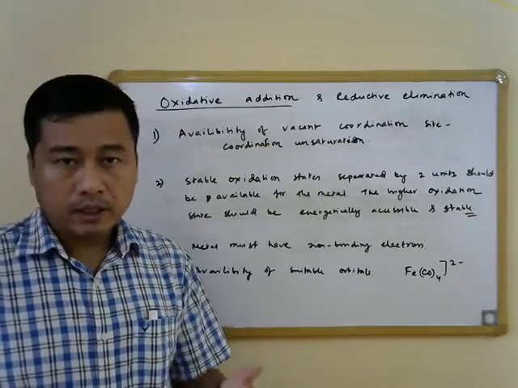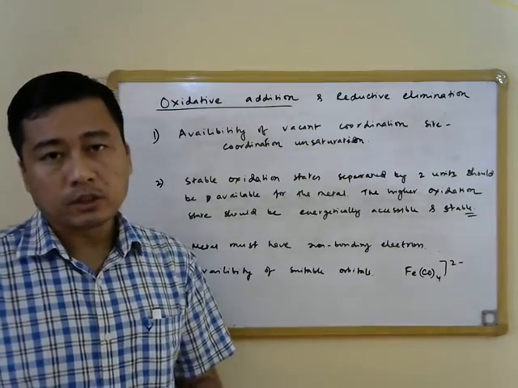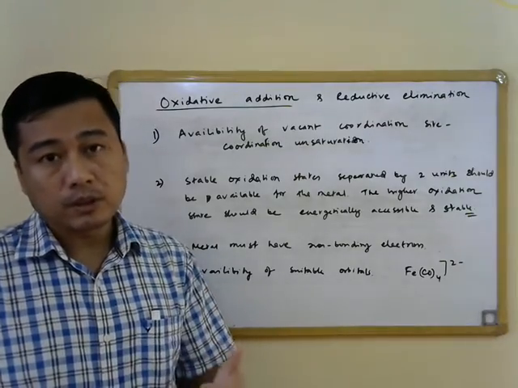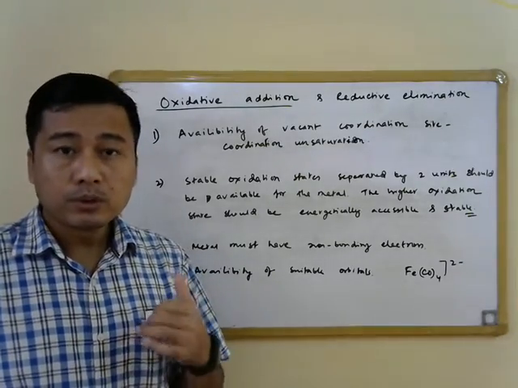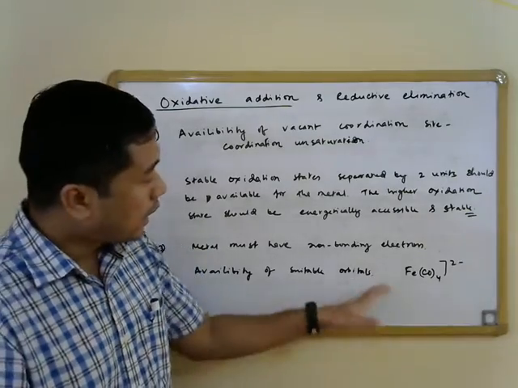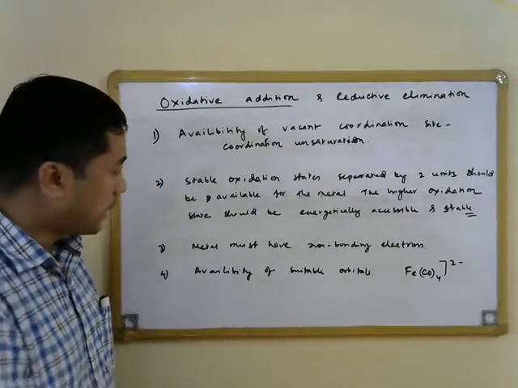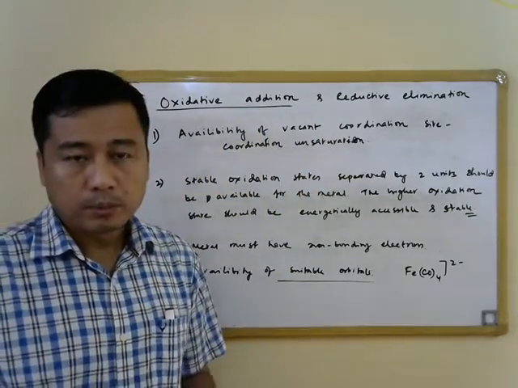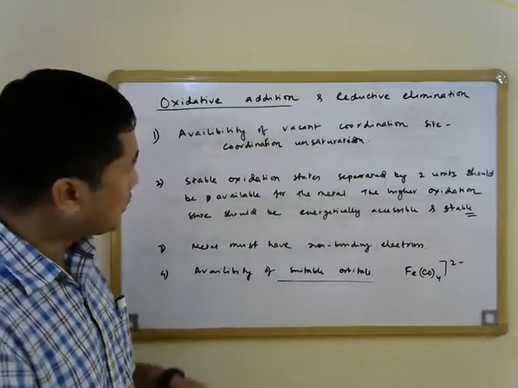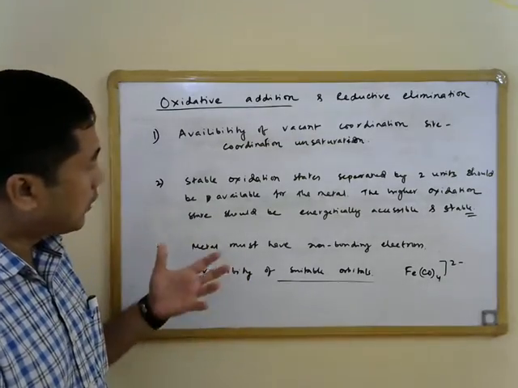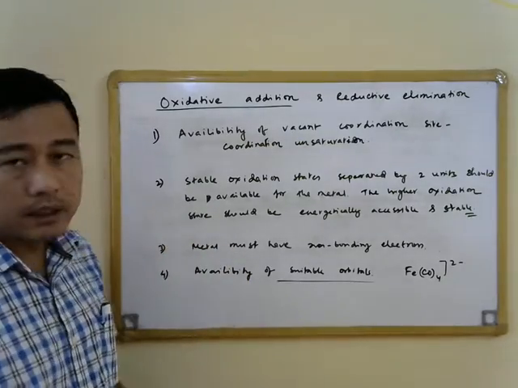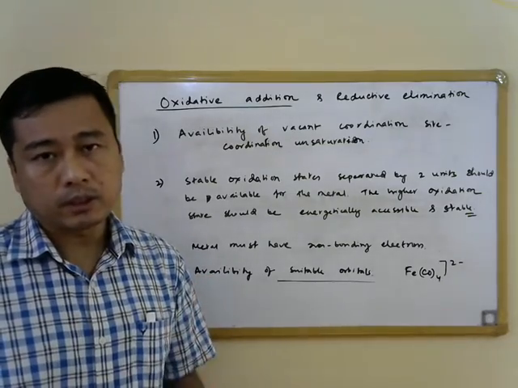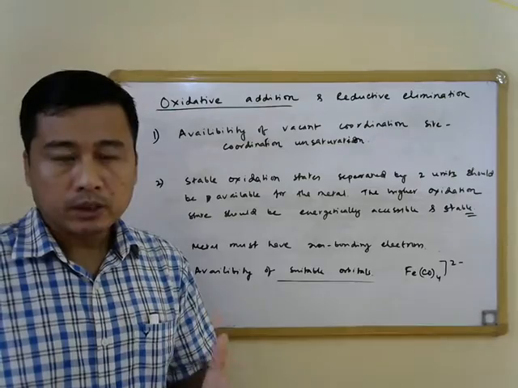oxidative addition reaction, and instead only 16 valence electron or 14 valence electron species undergo oxidative addition reaction because of the availability of the suitable molecular orbitals for this purpose. So what essentially sums up these criteria is that the complex which has to undergo oxidative addition reaction should also be electron rich.